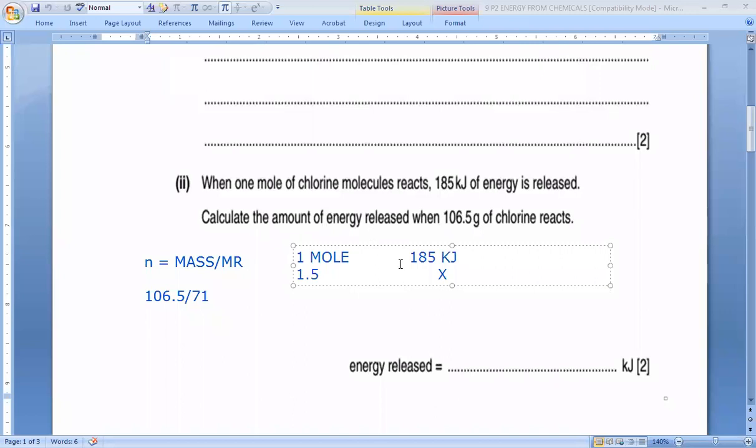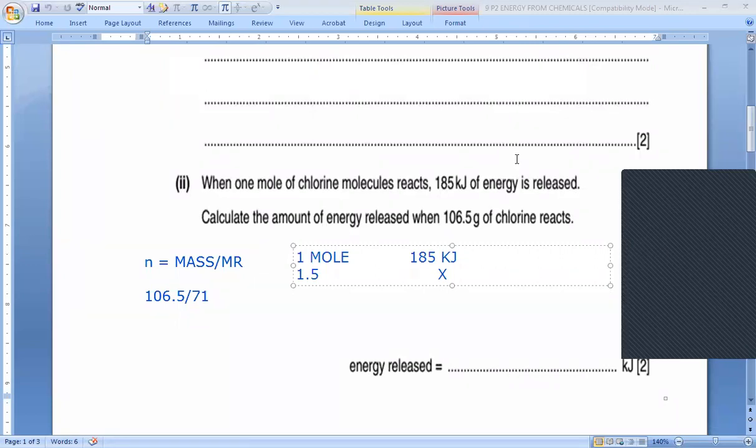So make a cross multiplication. 1.5 multiplied by 185. The answer is 277.5. So this is the answer of this part of the question. 277.5. This is our answer.